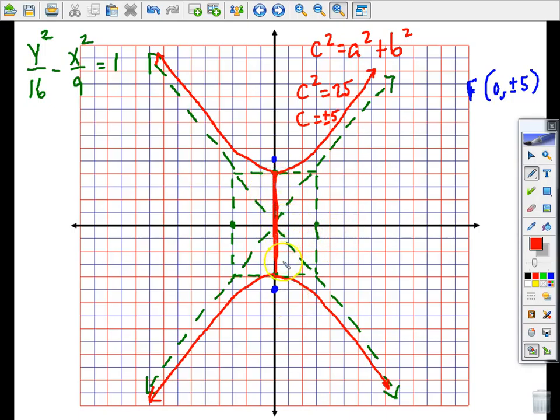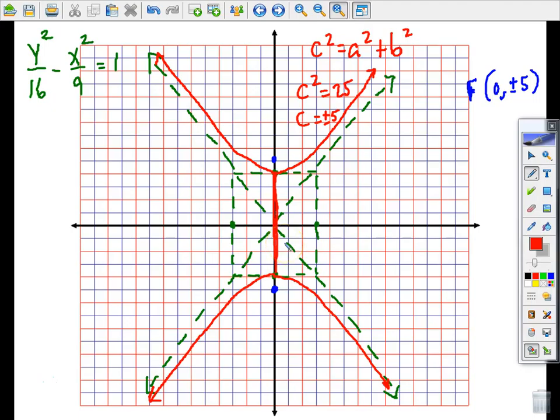So how would you describe in equation form the total length of the transverse axis? If A, yeah, she got it. She said 2A. If A is 1/2 of the distance, and you want to find out what the total distance is, it's 2A.